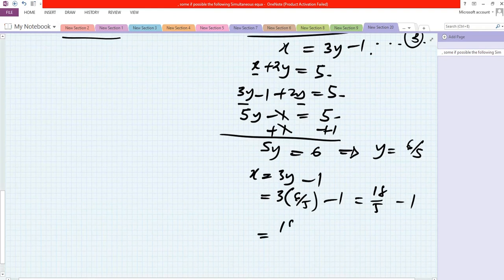So you have 18 all over 5 minus 1. So what is the lowest common denominator? The lowest common denominator here is 5. So you multiply both sides with 5. So 5 will cancel out this. You're left with 18.